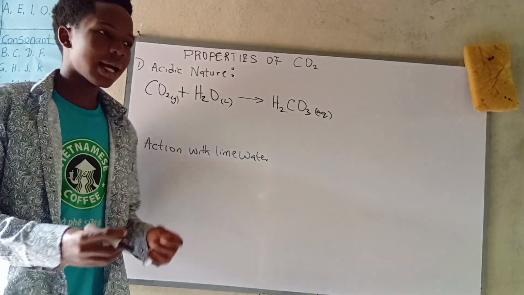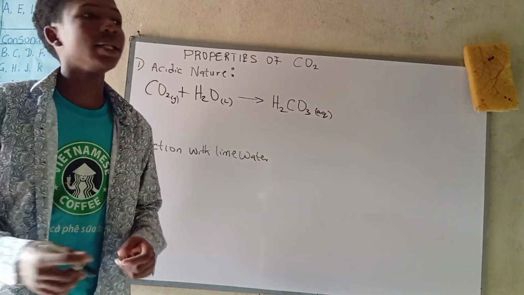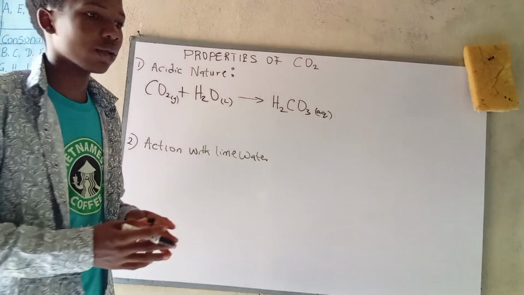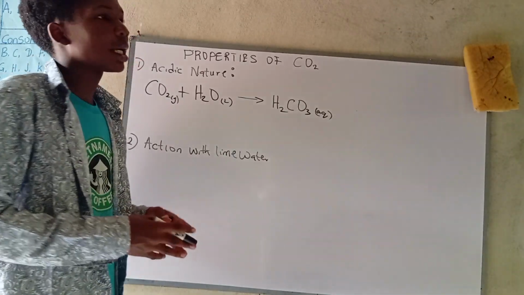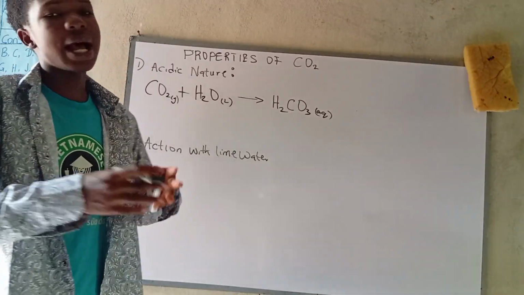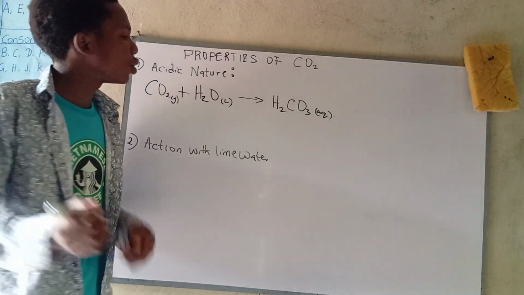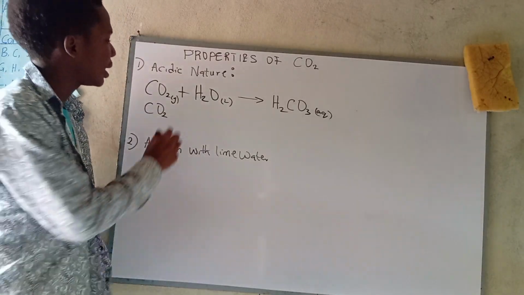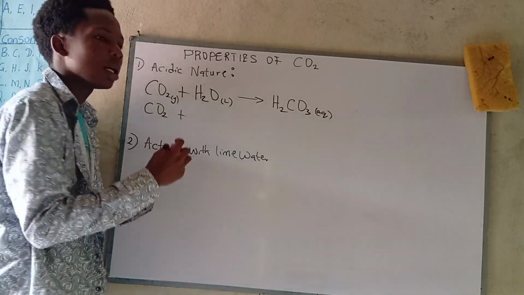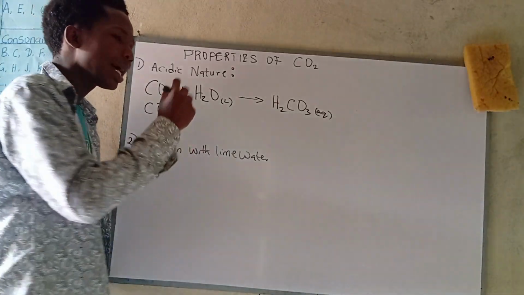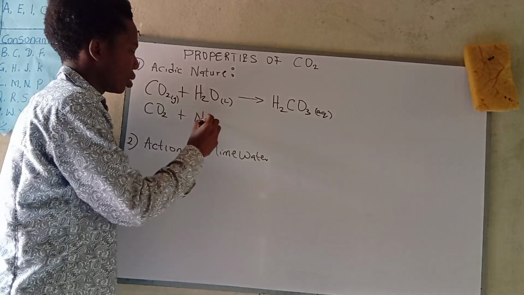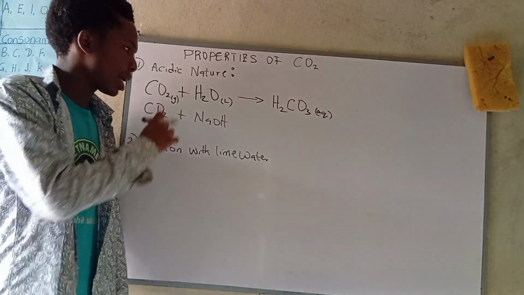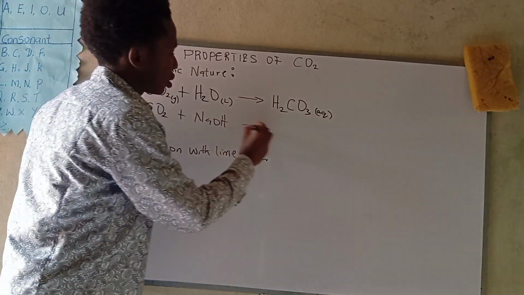As an acid anhydride, which CO2 is, it has other reactions which it undergoes, which is why we classify it as an acidic oxide. Now, when CO2 reacts with what? An alkali. When it reacts with an alkali, it will form what?